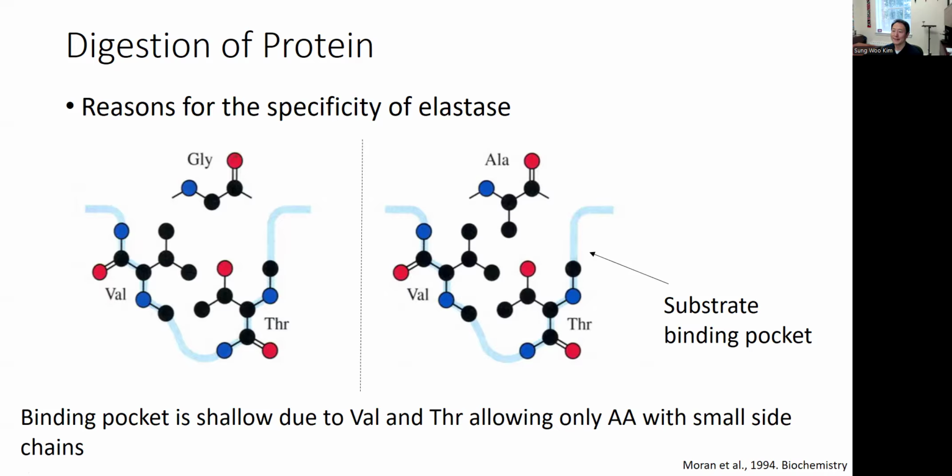Those are like alanine, glycine, valine, isoleucine, leucine. Okay, those are commonly called aliphatic amino acids. Okay, that's the reason why elastase will prefer cutting the peptide bond on the carboxyl side of these aliphatic amino acids.